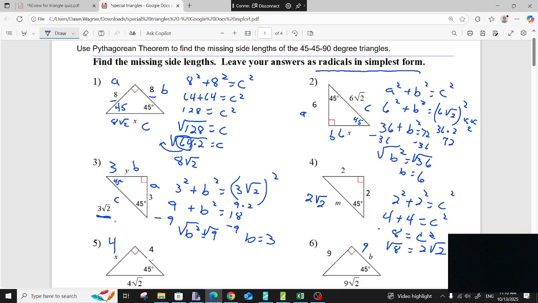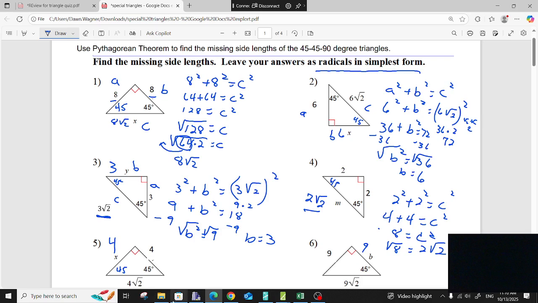Do you see it now? Okay, across from the 45s here, we're 2s. So what's the hypotenuse? 2 square root 2. Across from the 45s, each of those are 4. What's the hypotenuse? 4 square root 2. Do you see the pattern?